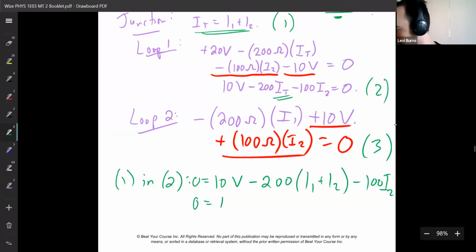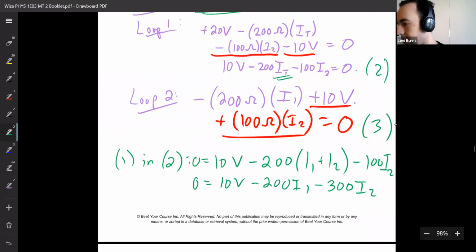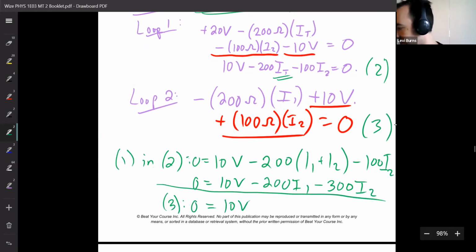So this is 0 equals 10 volts minus 200 I1 minus 200 I2 minus 100 I2. So it's total of minus 300 I2. Now this equation looks kind of like equation 3, right? So just to put 3 here, it's 10 volts minus 200 I1 plus 100 I2.